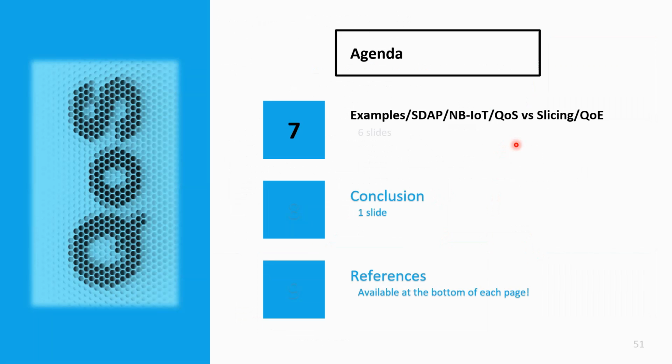This was the end of chapter 6, and chapter 7 is the last chapter. And here we have the SDAP layer, NB-IoT QoS considerations in 5G, QoS fuzz, slicing difference, and QoE term, and also 2 examples in 6 slides, but I also add 1 extra slide, so it will be 7 slides.